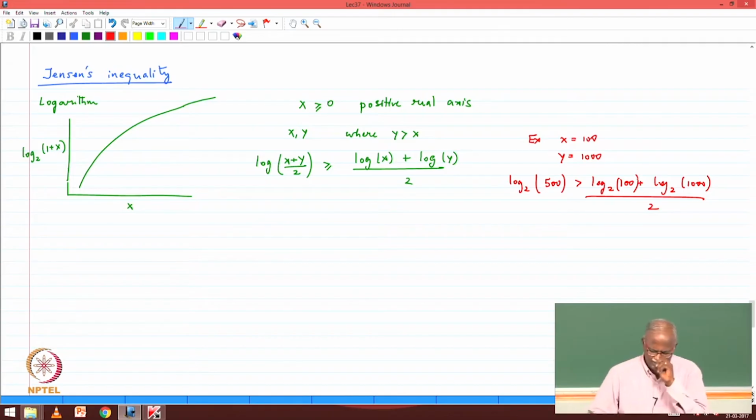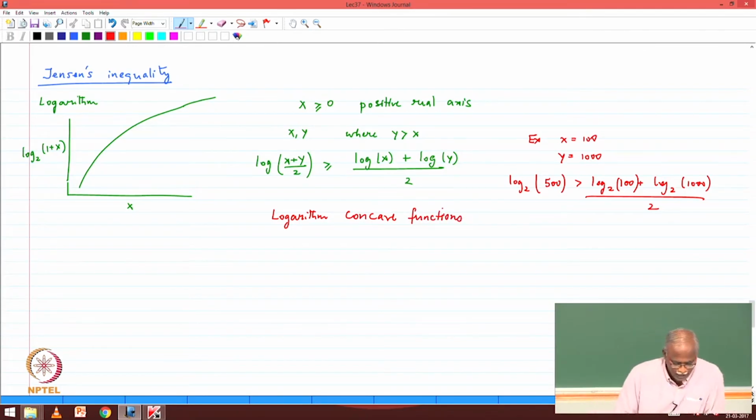The base of the logarithm is really immaterial; any base logarithm has this property. This property is called the concavity property. Logarithm is a concave function, and this property is the general property of concave functions.